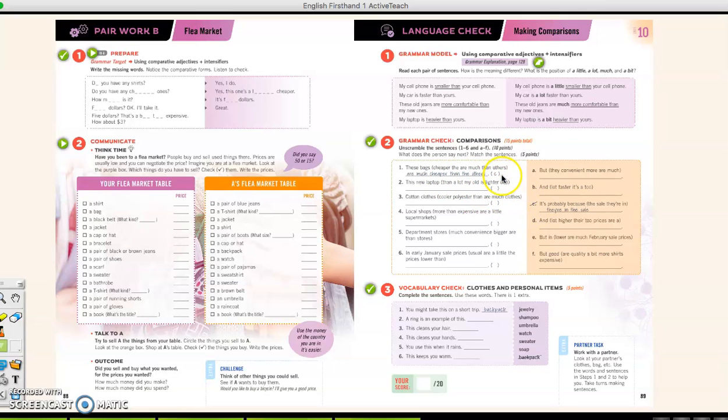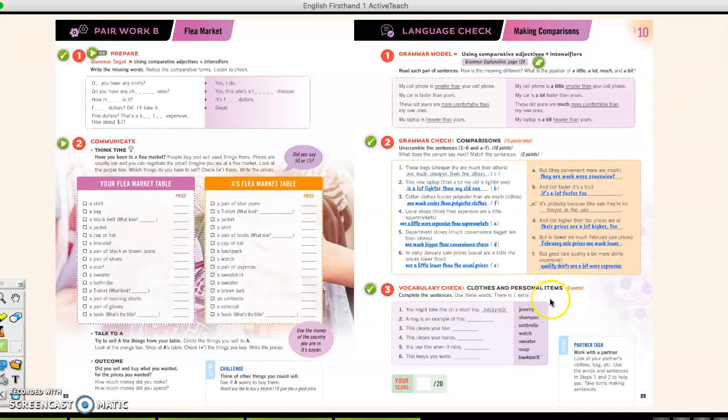So number 1, the correct response is C. All right, so do that on your own. Now I'm going to check it so you can check your answers. There you have the answers and the unscrambled question or comment.